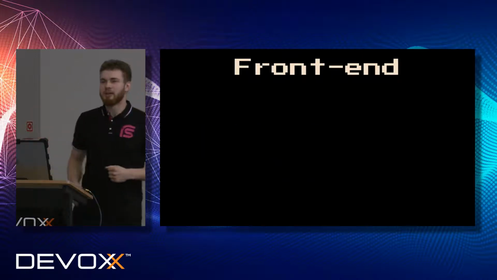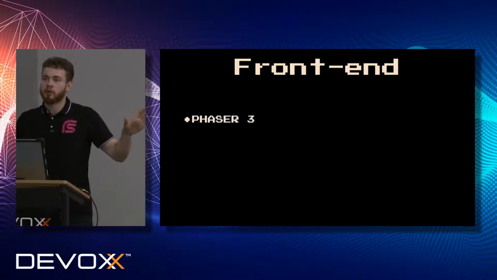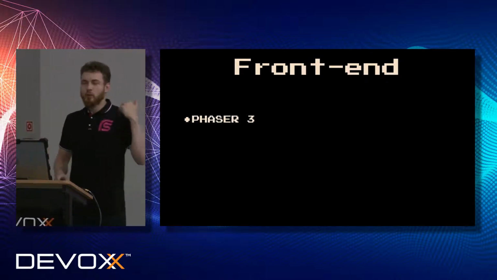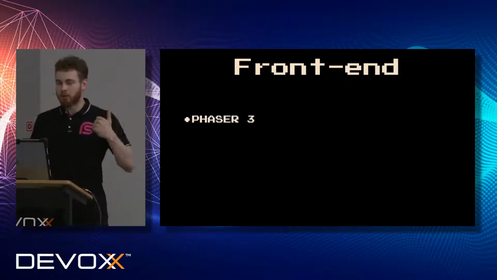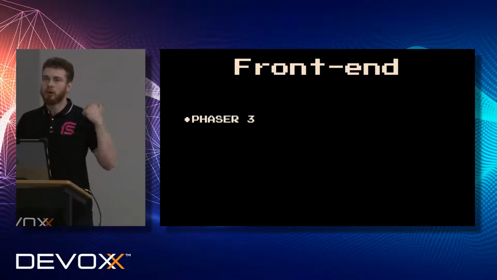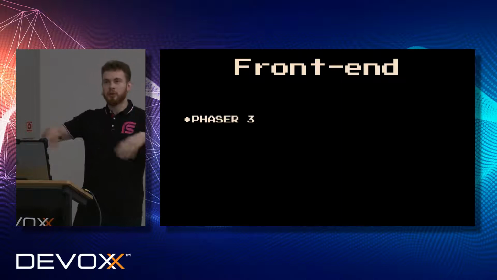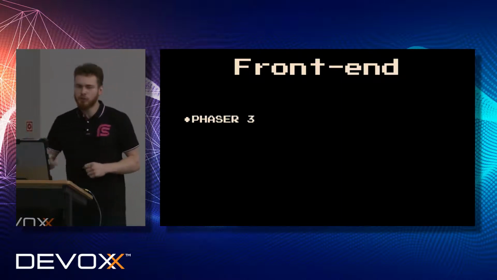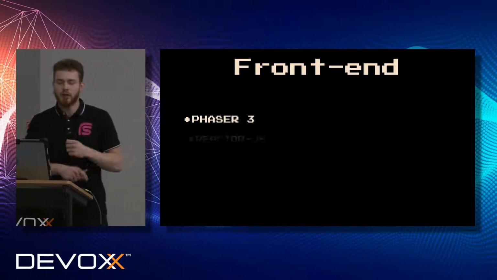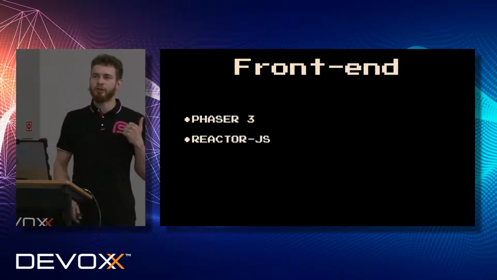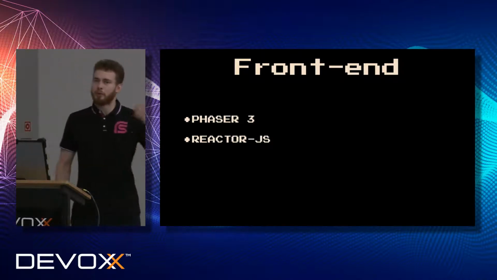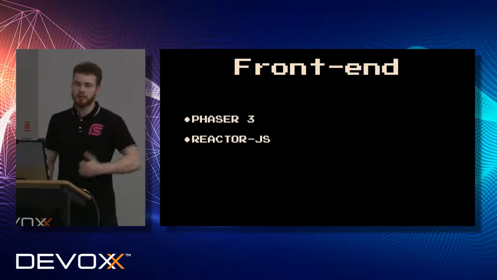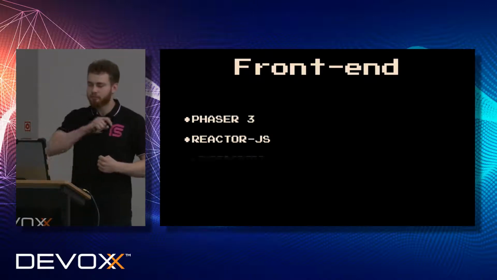On the front-end side, just for your information, because we are Java developers, of course, we are using Phaser. Phaser is a UI and game development framework in the browser. It allows us to build all these UI features and the movement of Pac-Mans and ghosts. In turn, I'm using Reactor.js for the same reason, to make everything look very pretty and understandable, and for the best data processing style and speed.